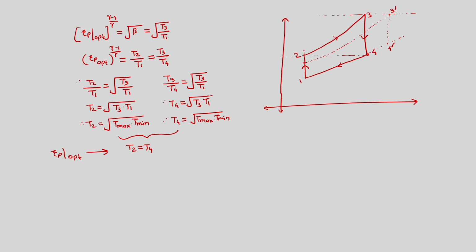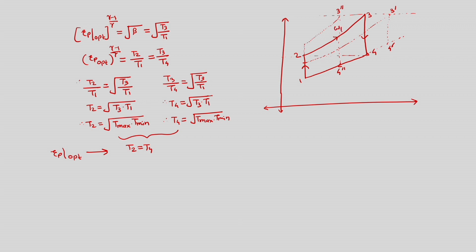So further, in this case, if we have more compression ratio than optimum for the same T3, then we will go like this and then we will expand in this way, and so this becomes 3 double dash and this will be 4 double dash. Here we can see that more compressor work is there in comparison with the turbine work.